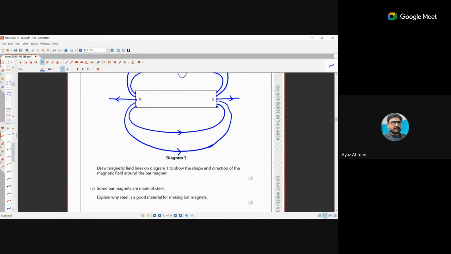The same goes here. This area is the strongest, so you have to manage that the field lines are very close to each other. The closest lines mean the strongest field.